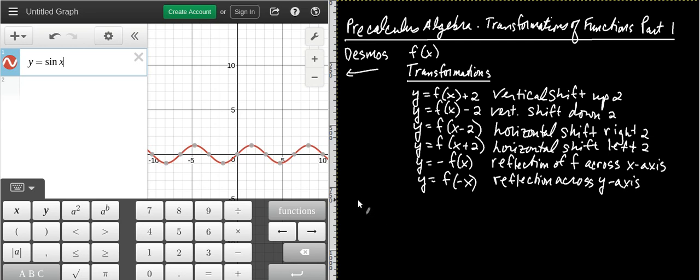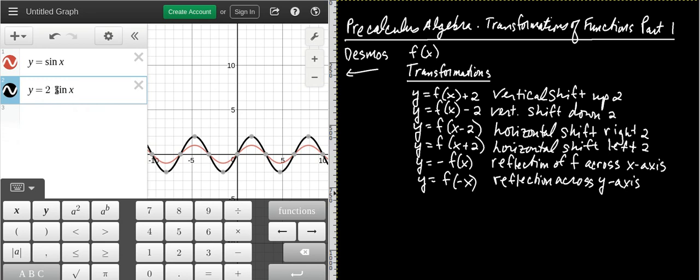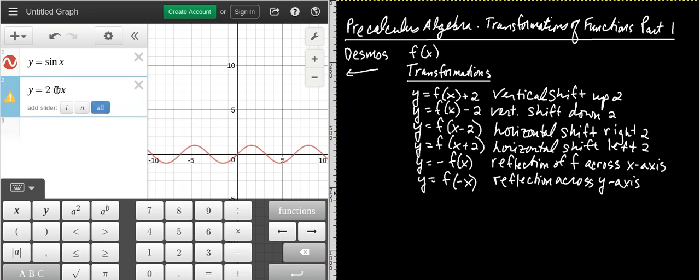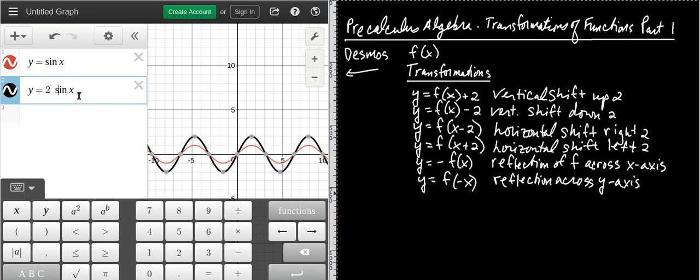So what we're first going to do is take this function and multiply it by 2. I'm going to show you what it looks like when you have y equals 2 times sine x. Okay, so 2 times sine x. And what happened?